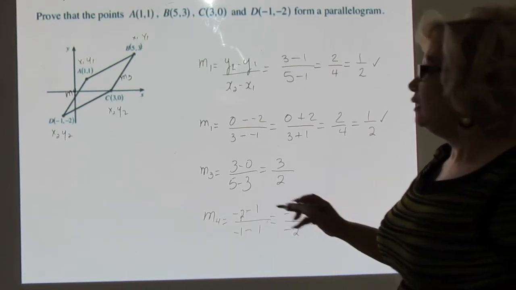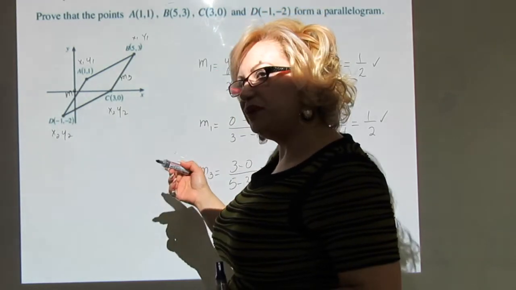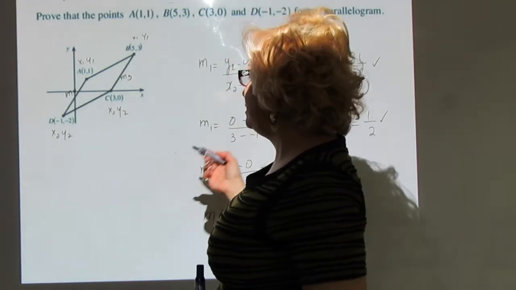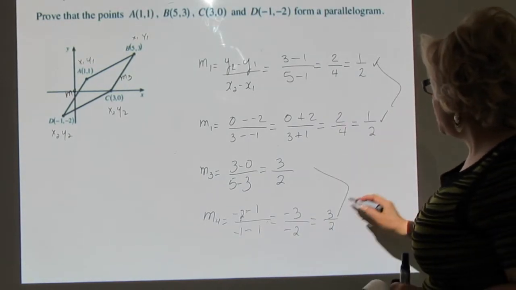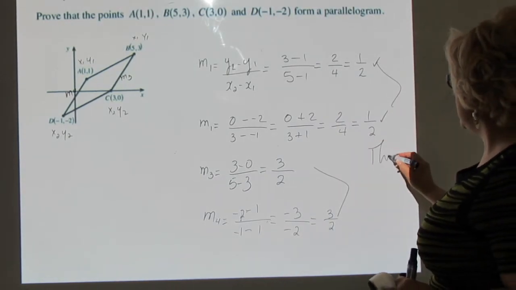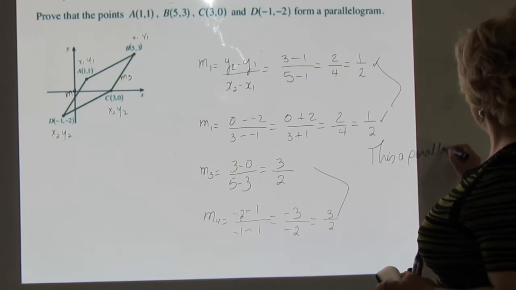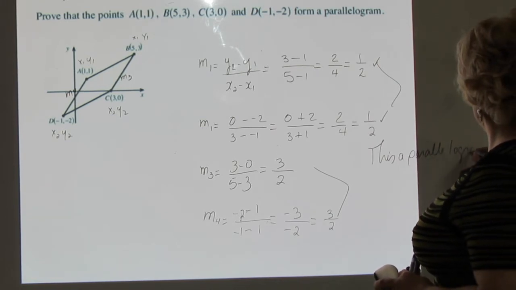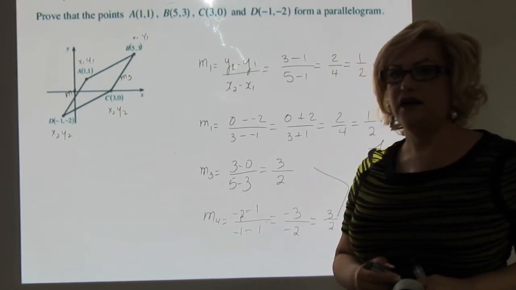So bingo! This side and this side of this quadrilateral have exactly the same slope. So these two are the same and these two are the same. So this is a parallelogram. And we have proved that the quadrilateral is a parallelogram.